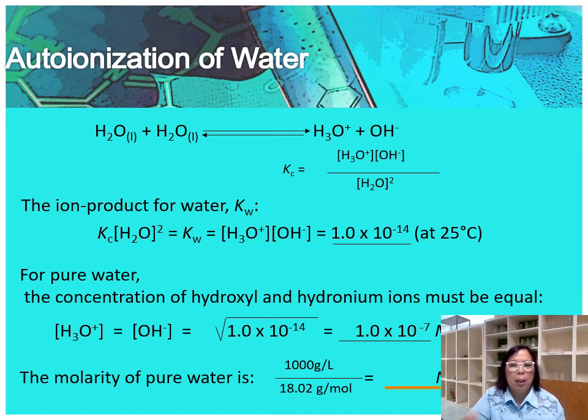So another equation that you should know is the auto-ionization of water. You might have done already some experiments while you were still in high school on the ionization of water.